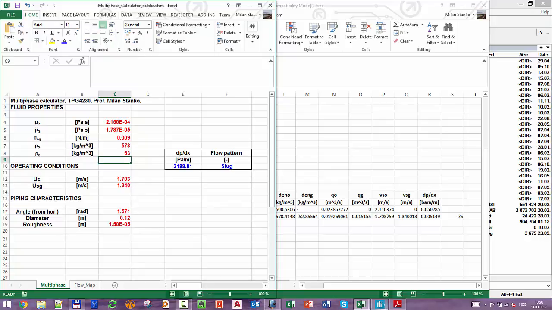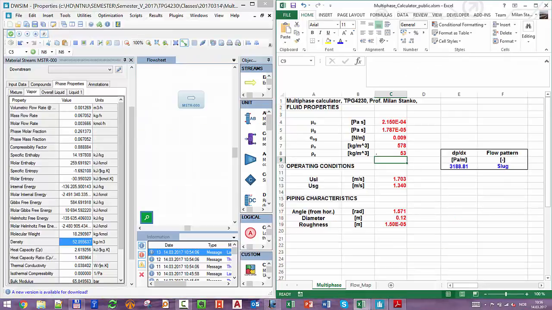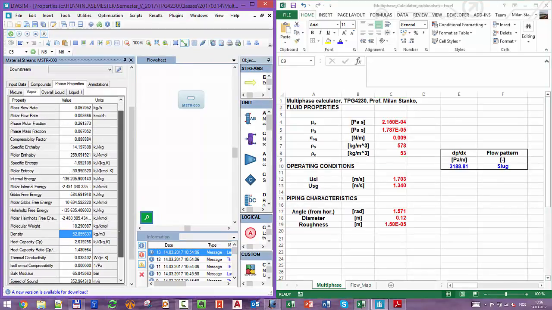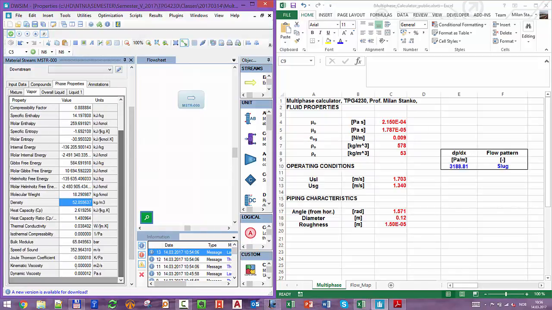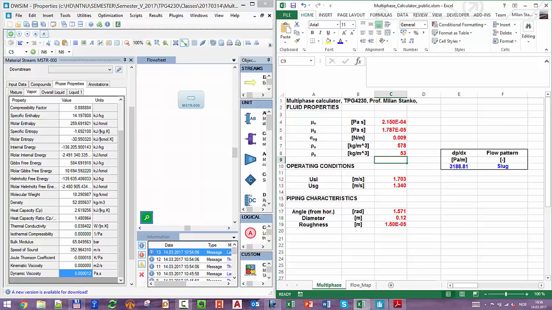And now I need these things from my calculator. So one of them is the viscosity of the oil or the vapor. This should be at the end. Viscosity of the liquid.